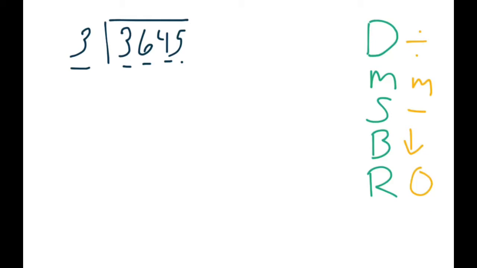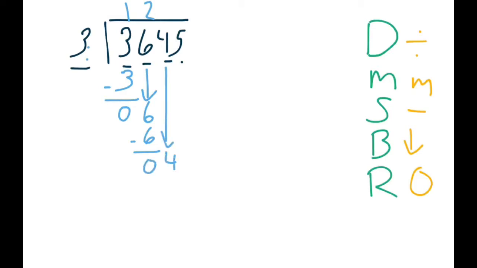So let's look at this first number here. 3 goes into 3 one time. So we multiply 1 times 3 and we get 3. We subtract, we have 0, so we bring down the 6. 3 goes into 6 2 times. 2 times 3 is 6. We subtract 0, bring down the 4. 3 goes into 4 one time. 1 times 3 is 3.